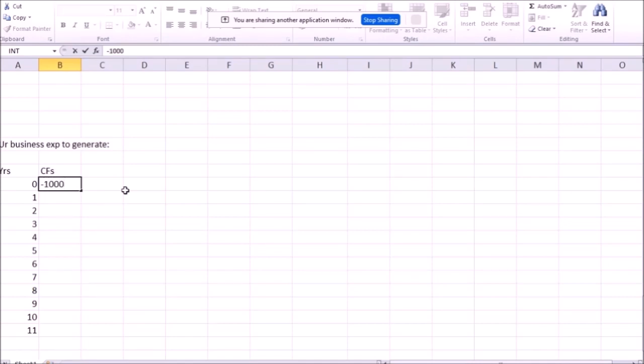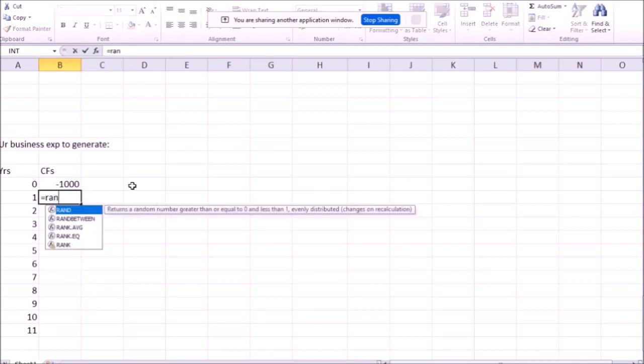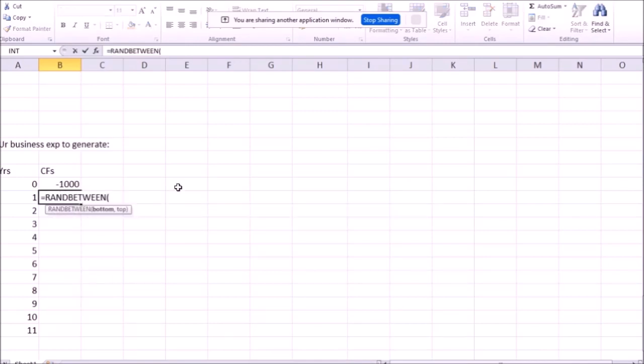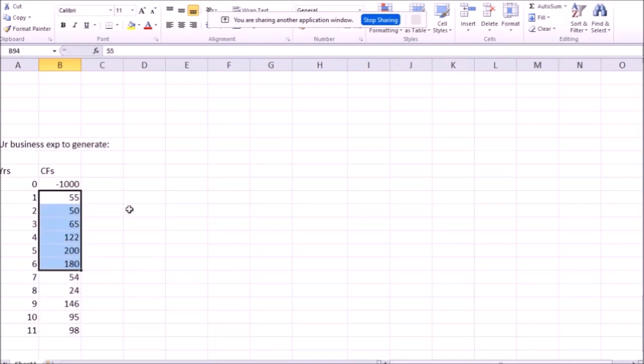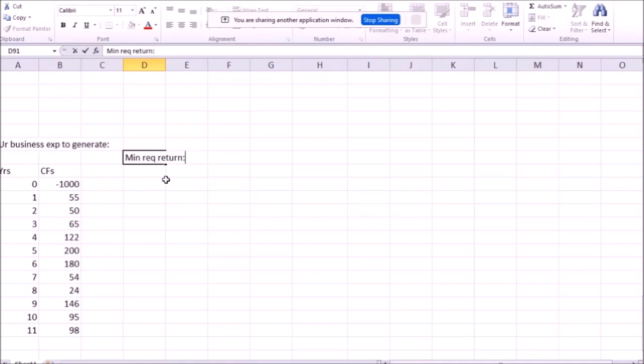Maybe that's already in millions, so that's $1 billion for a business, whatever. And let's have some numbers here. A bit strange, but okay, let's say this is the projection. The minimum required return is, let's call it, 18%.